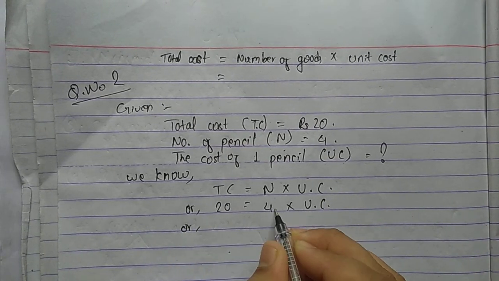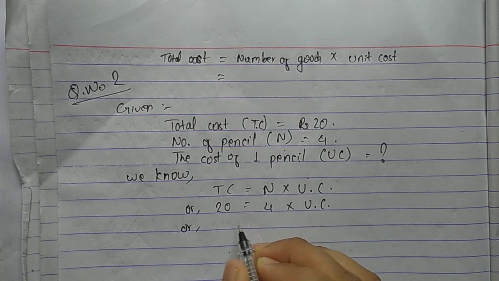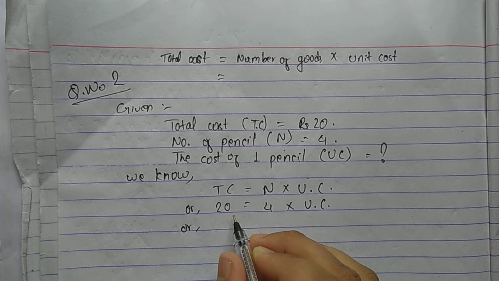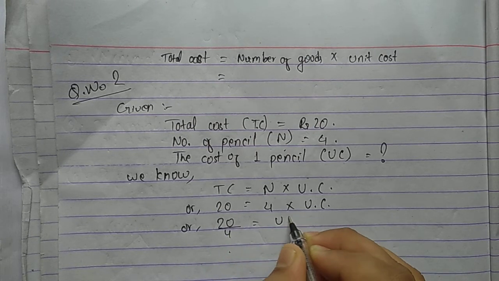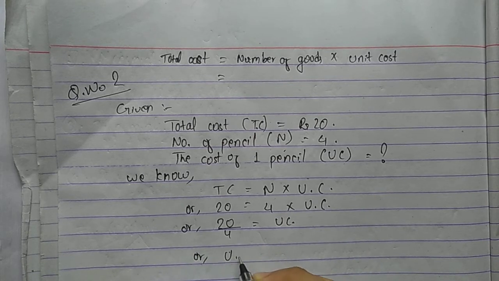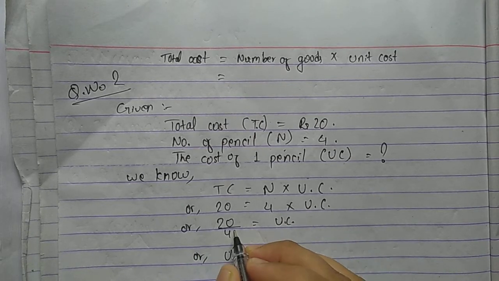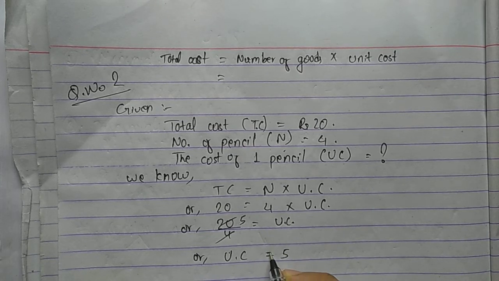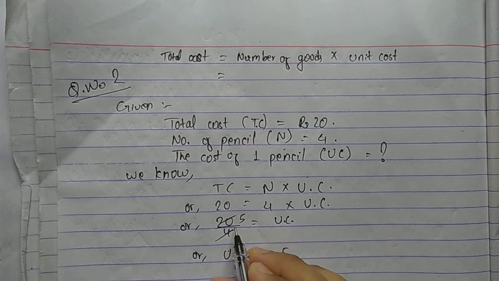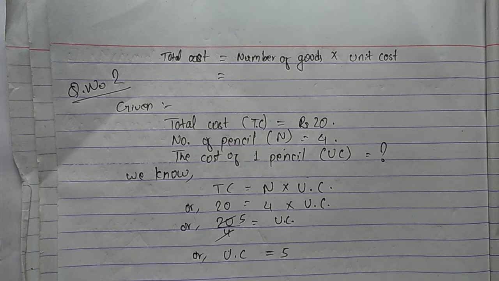Okay, so this is in multiplication. When it goes to the other side, what happens? Yes, it will be divide, right? So 20 upon 4 equals UC, or U.C. equals, 4 5s are 20. Now UC equals 5. Okay.